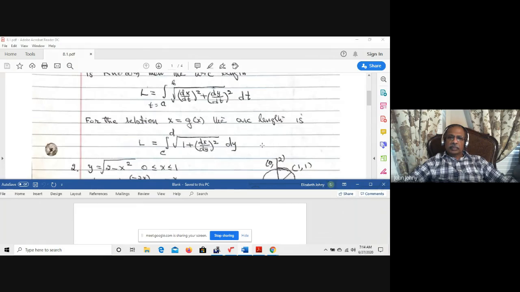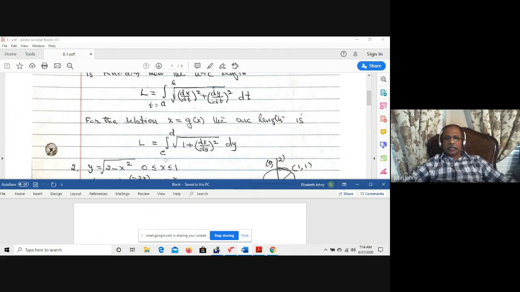For the relation x is equal to g(y), the arc length is given by L is equal to the integral from c to d of the square root of 1 plus dx over dy the whole square dy. In some cases it may not be a function of x; x is a function of y, x is equal to g(y).